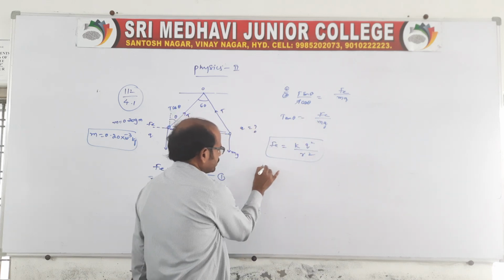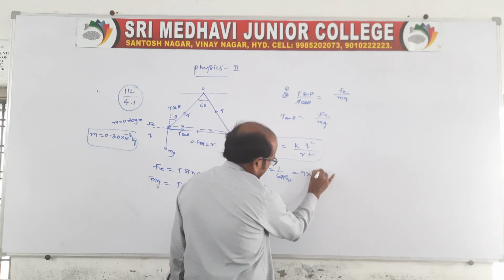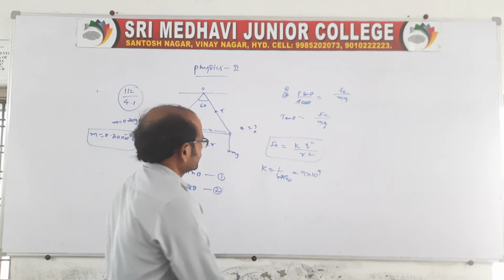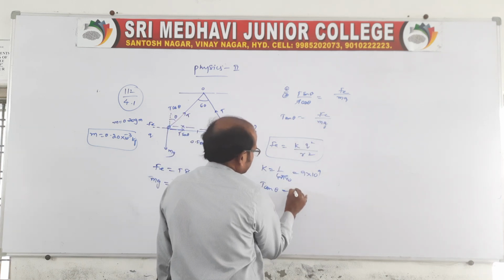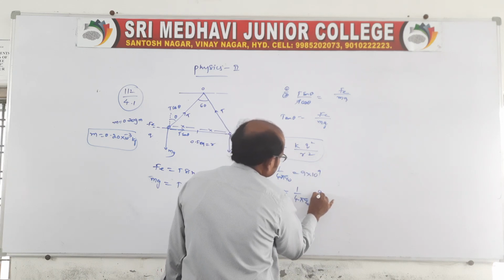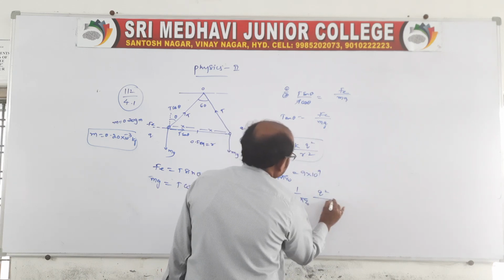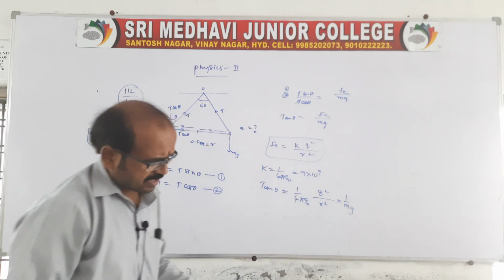K is 1 by 4 pi epsilon naught, equal to 9 into 10 power 9. So tan theta equals 1 by 4 pi epsilon naught, q square by r square, into 1 by mg.